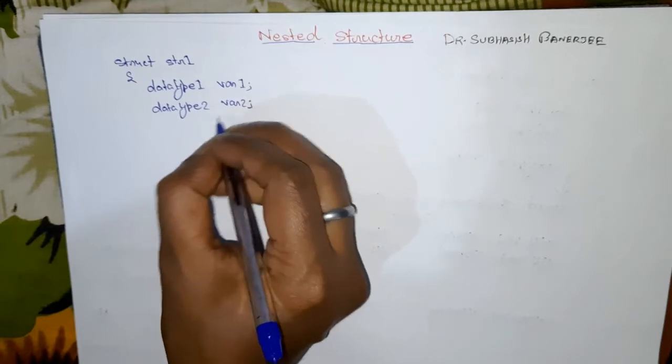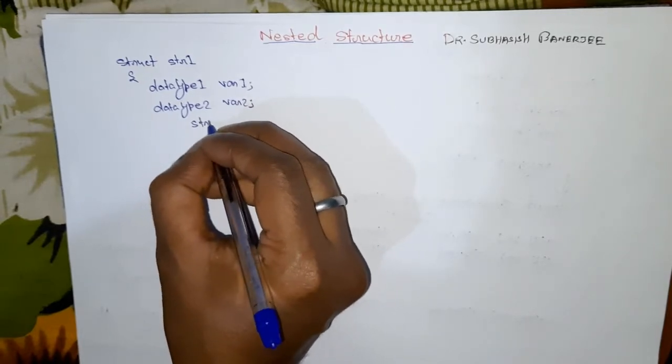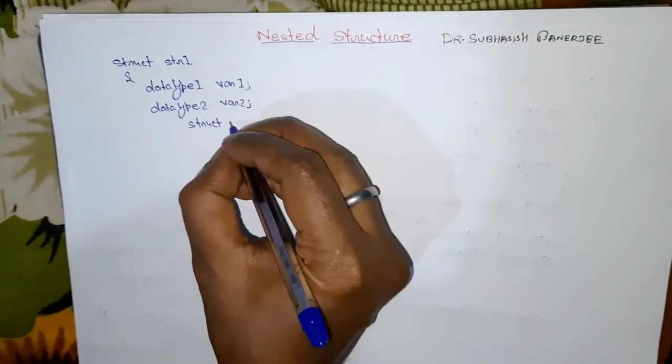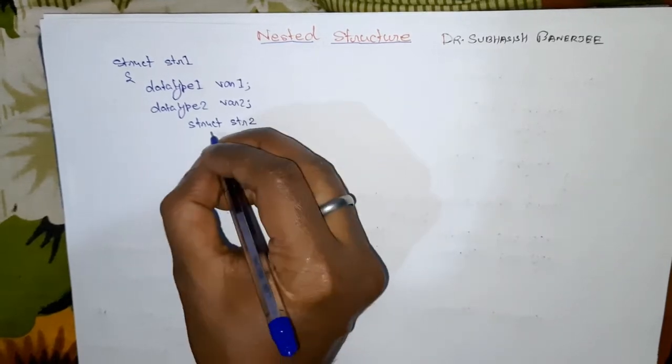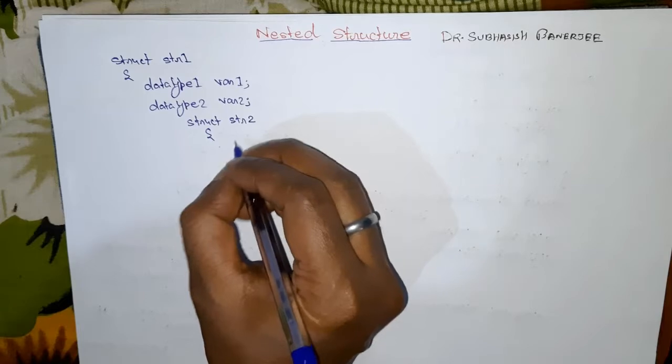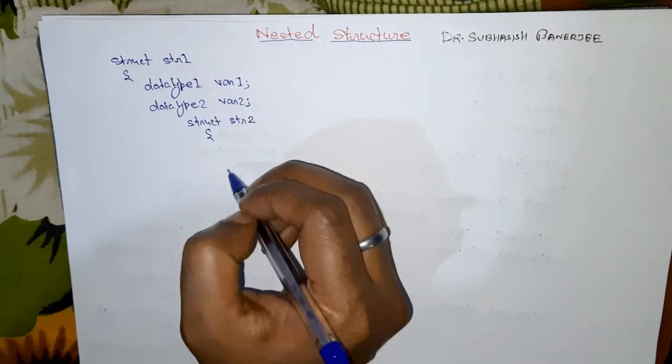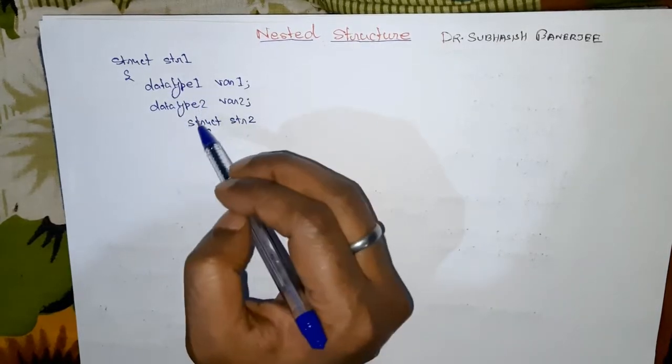Similarly, after this you can have another structure, let's have str2. Then you can declare however many sub-records against each record.